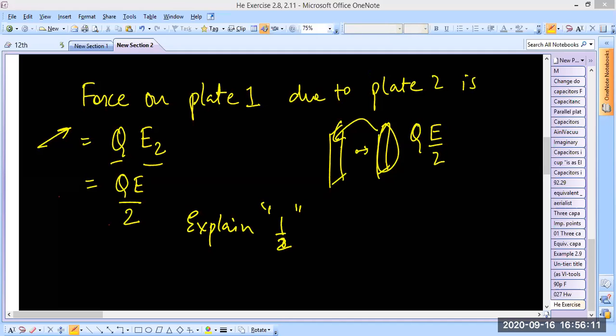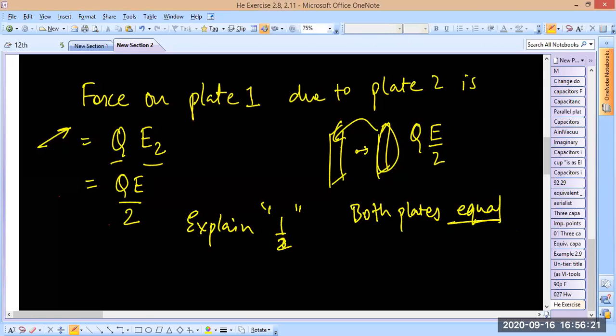The reason is again very simple. Both plates create equal electric field. So one plate only creates half, and that one plate applies force on the other. One plate cannot apply force on itself, so on plate one, only plate two will apply force.